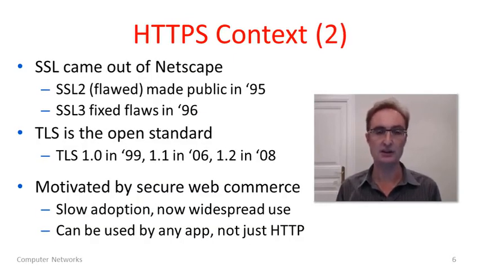A little more context just in terms of the timeline for how all of this evolved. SSL was actually a protocol pioneered by the company Netscape. Starting in the early 90s, I think, SSL first came out publicly as SSL version 2, which had cryptographic flaws in it, and it was fairly soon fixed into SSL 3, which is the more standard version of SSL that you should see around today.